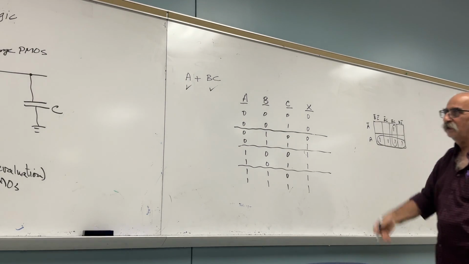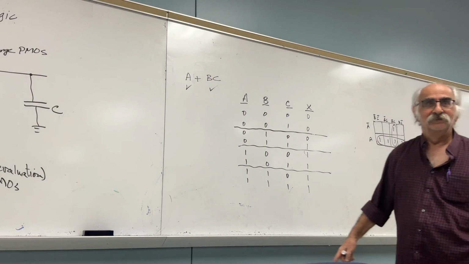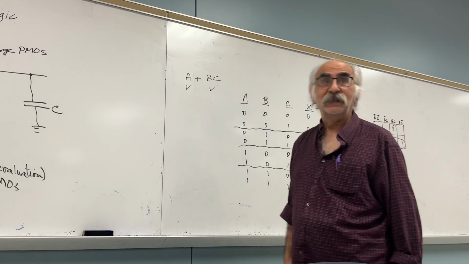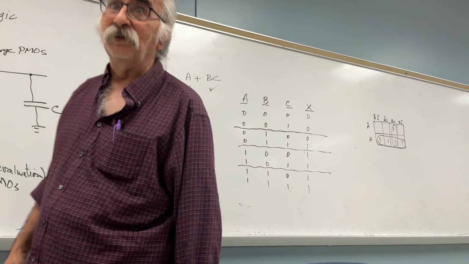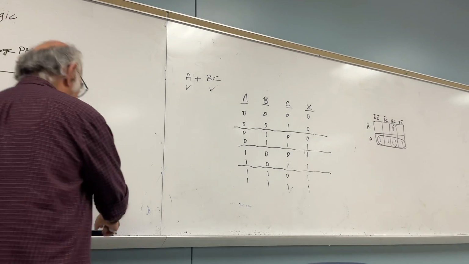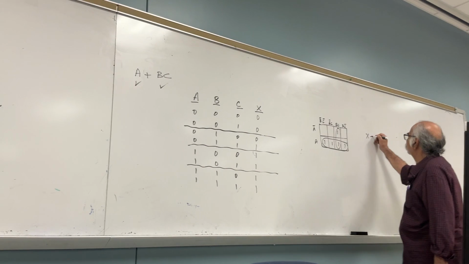How do you implement the logic using NMOS? Only NMOS. Remember, NMOS is active what? Active high. Did you follow me or not? So what do I do? So X is equal to what?